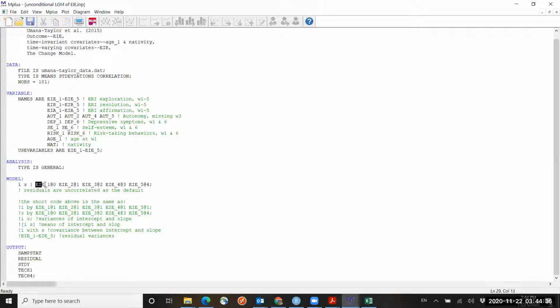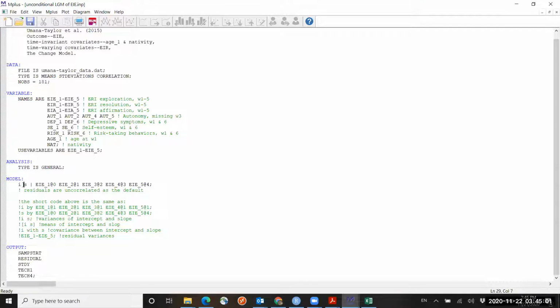Then we have the indicators, which are ethnic identity exploration at time 1, time 2, time 3, time 4, and time 5. So, 5 measurement occasions. What we specify here is just the loadings of the slope.